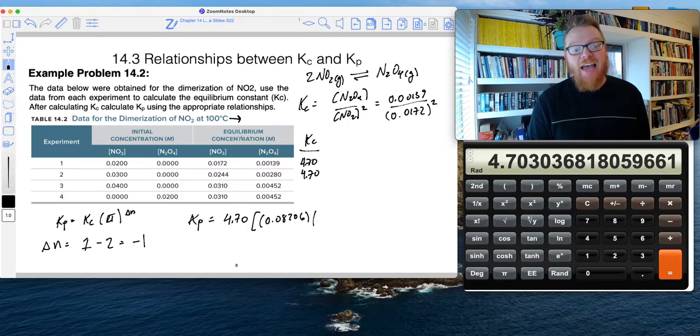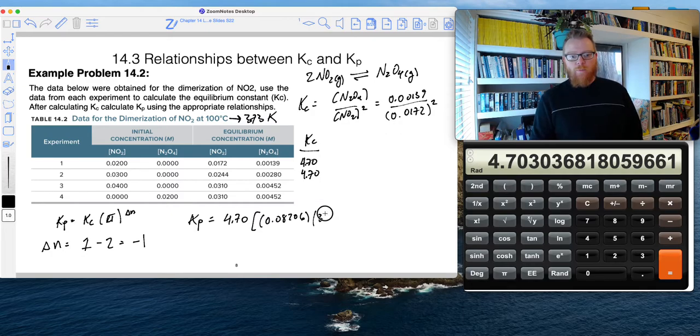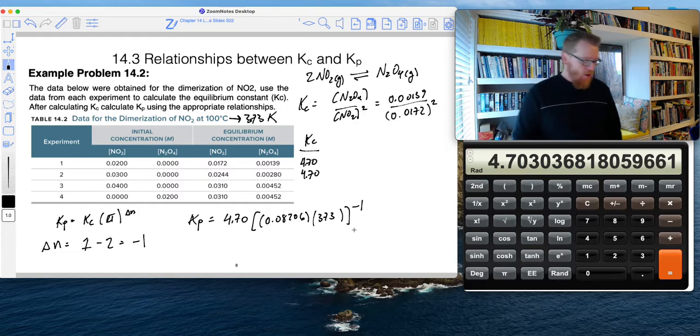This has to be in Kelvin because our gas constant units have Kelvin. So quick math, 100 degrees Celsius, add 273, becomes 373 Kelvin. We'll put that down there, and then this whole thing is raised to the -1 power. All of those constants are raised to the -1 power.